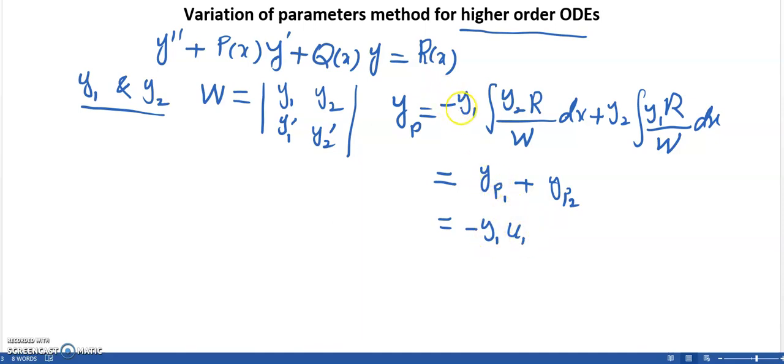So y1 is simply here, and the term in the integral I represent by u1, and similarly plus y2 u2.